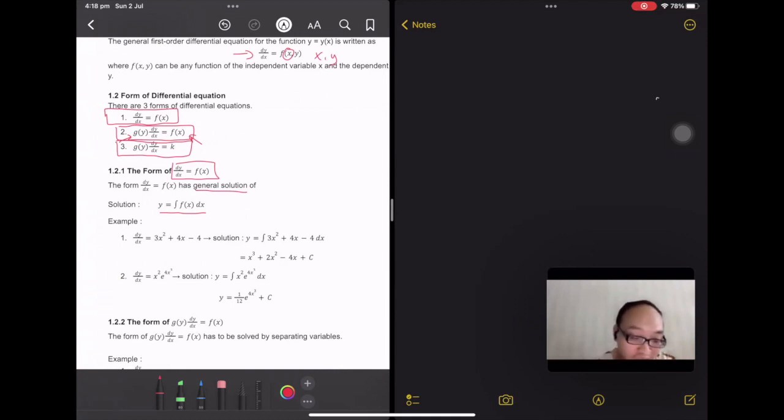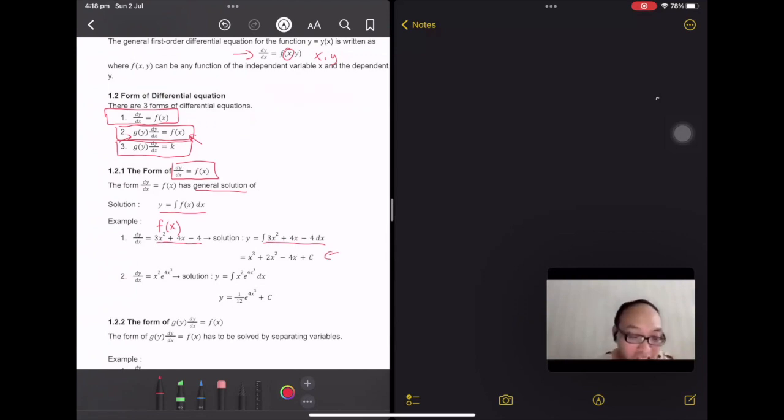If we have dy/dx equals 3x squared plus 4x minus 4, which is a function of x, how do we find y? We can just use integration. The integral of 3x squared plus 4x minus 4 dx, and the result is x cubed plus 2x squared minus 4x plus c.